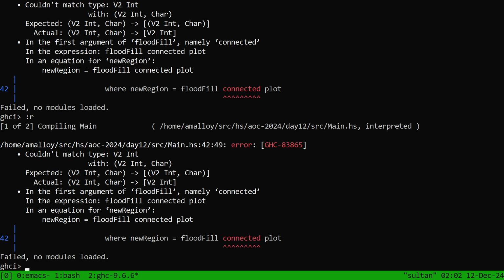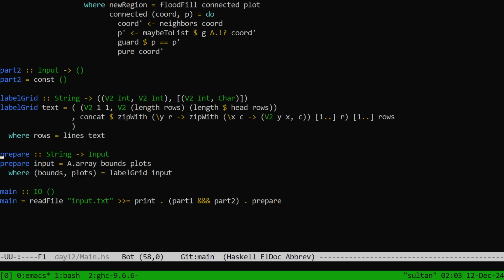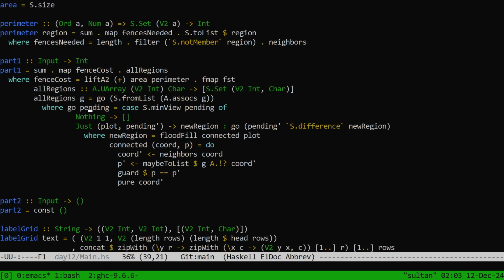Yes. You expected a pair of ints, but instead there was a pair of Int and Char in floodFill. Connected. So somewhere I forgot to remove a char, or I forgot to add one or something.